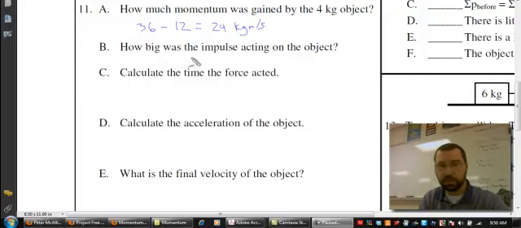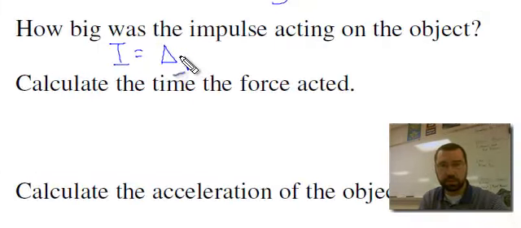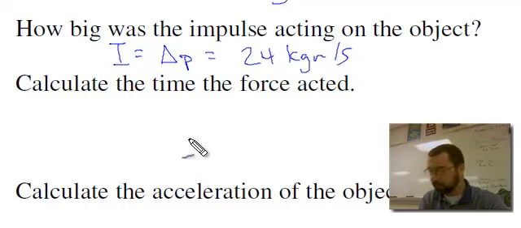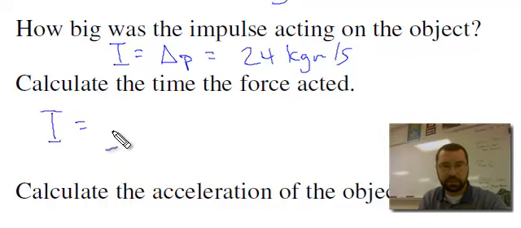B, how big was the impulse acting on the object? Well, that's kind of our answer, because remember, impulse is equal to the change in momentum. So that's going to be equal to 24 kilogram meters per second. Calculate the time the force acted. Remember, not only is impulse equal to delta P, but impulse is also equal to force times time.